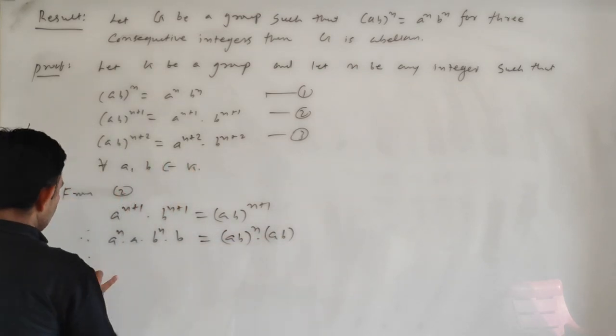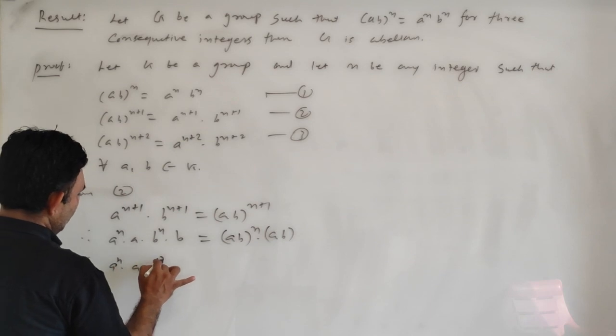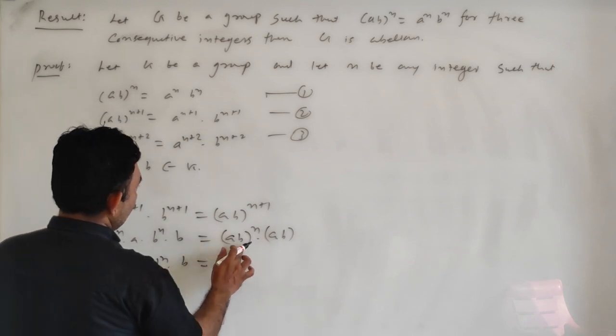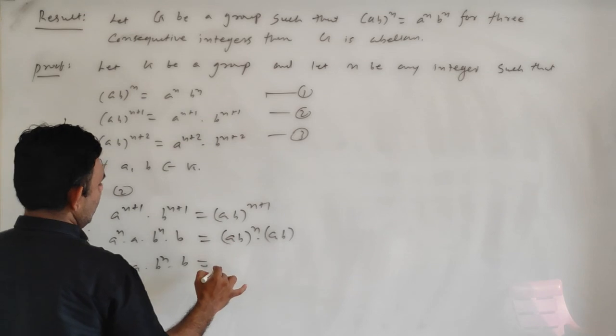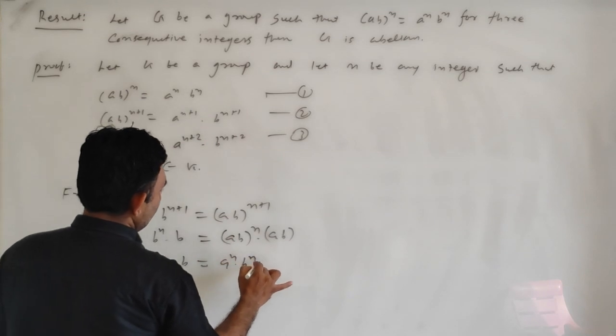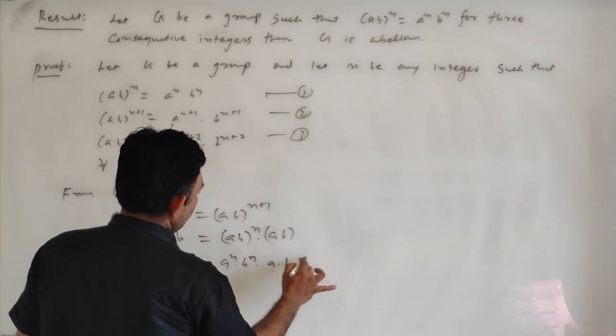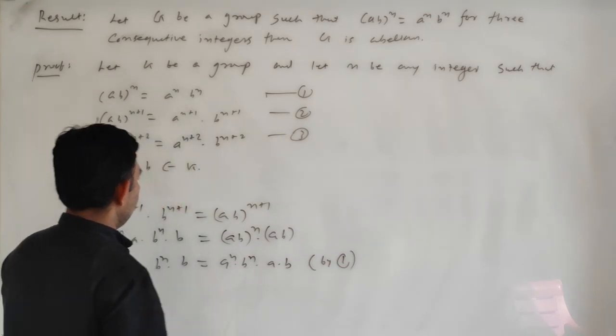But this is a^n a b^n b equals (ab)^n, which is a^n b^n a b.